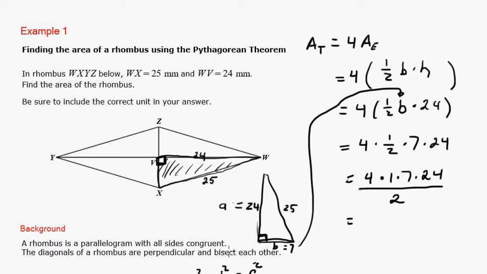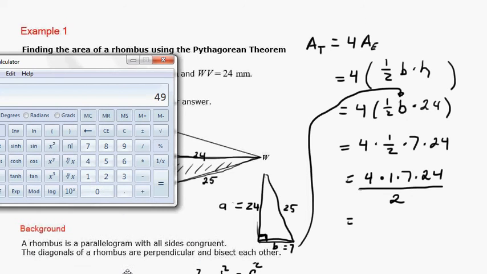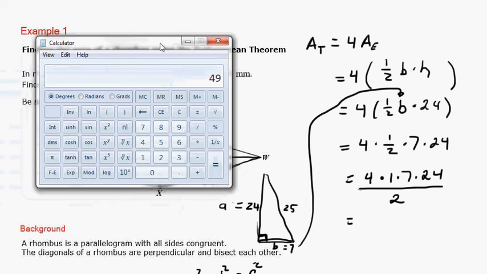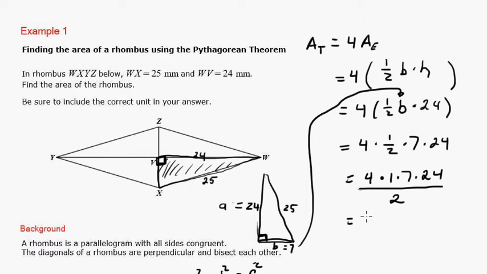There's a lot of different ways of thinking through the arithmetic on this. So, clear, 4 times 1 times 7 times 24 equals, divided by 2 equals 336. 336.